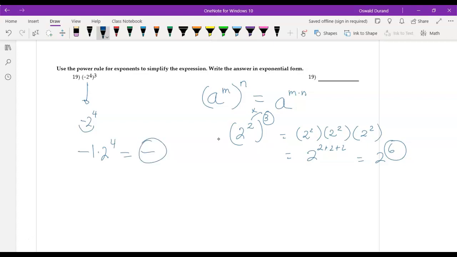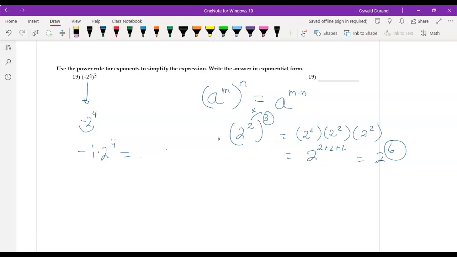And then that negative number is going to be multiplied 3 times, which is going to give me a negative number. Okay, so this one is a little bit tricky.